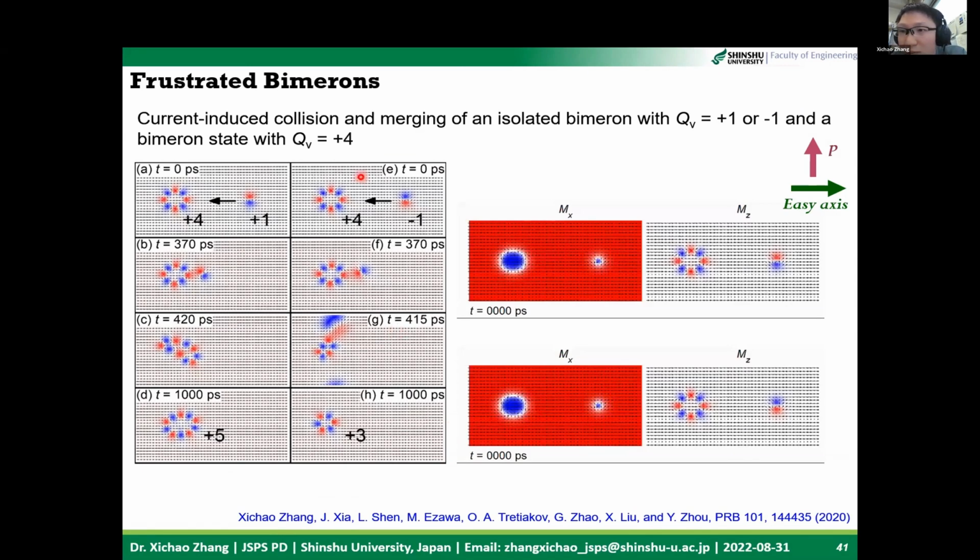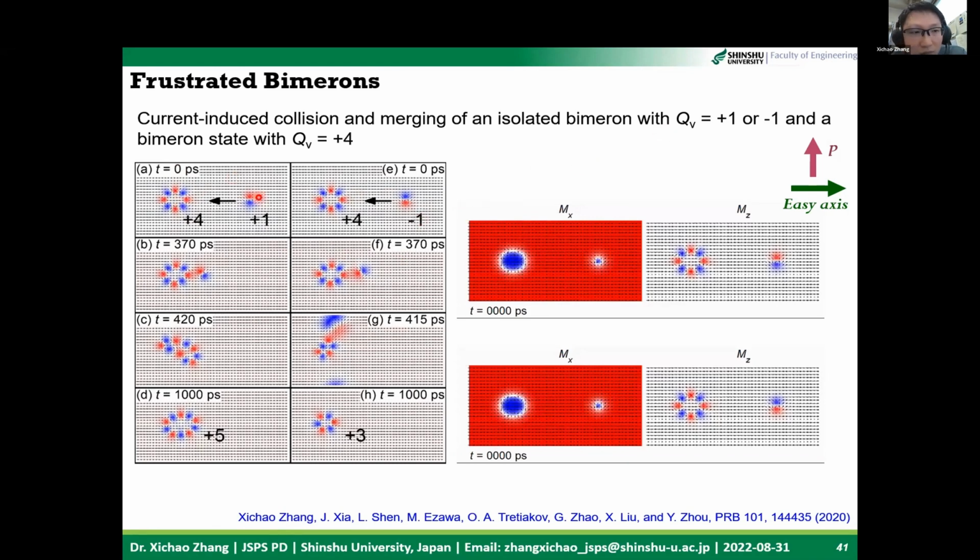Yeah, in such a system, we don't need to pin the bimeron cluster, because a bimeron texture with vorticity number larger than 1 cannot be driven into motion by the damping-like spin torque.